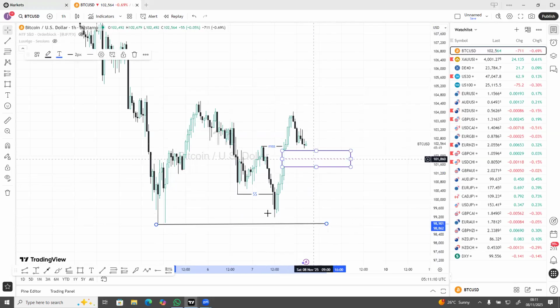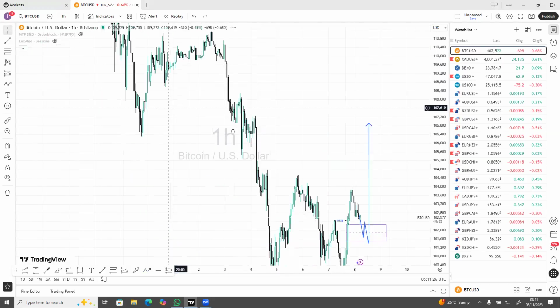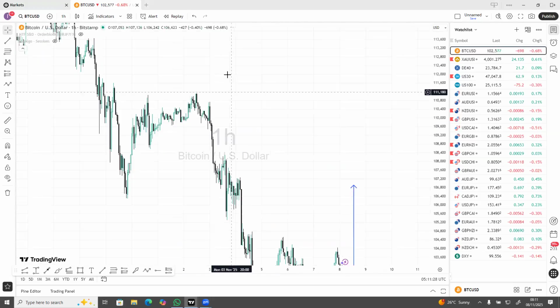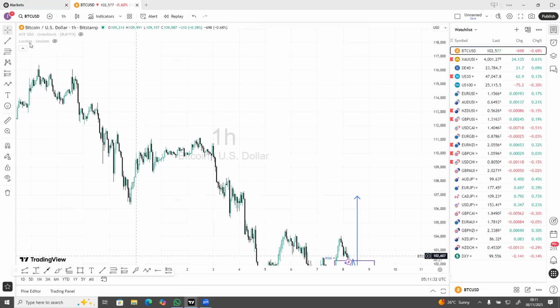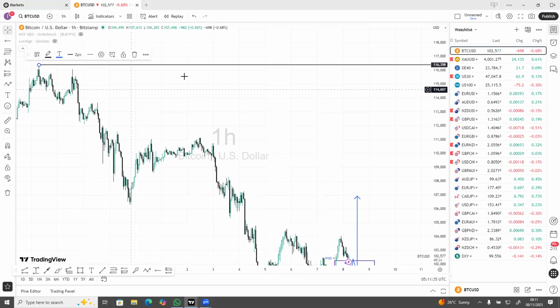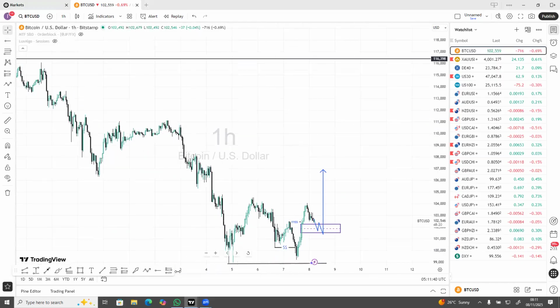So if price fails in the FVG, it means it will come down here. So we are supposed to wait for confirmation of a reversal pattern created on that FVG, and then you can pick a buy from that FVG. And then you can target where? You can target this area, that drawn liquidity level.